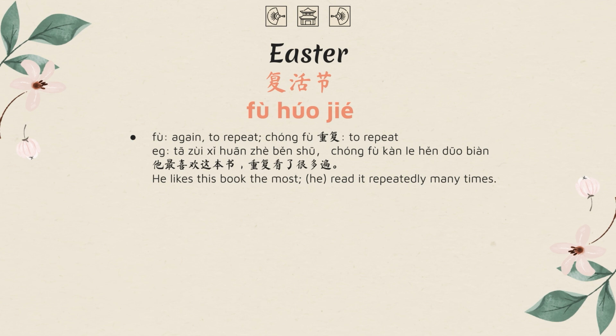So the first part means he likes this book the most. 重复 here means repeatedly. 看 to see, to watch, here it means to read. 很多遍 means the whole thing many times. So 重复看了很多遍 means he read it repeatedly many times.